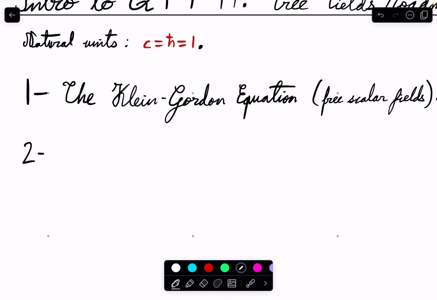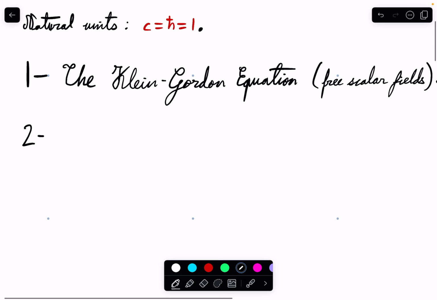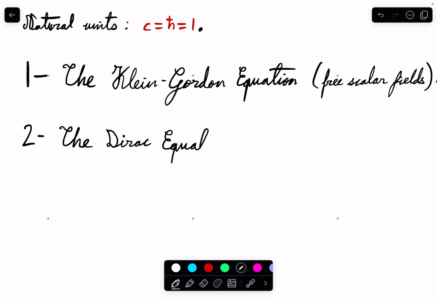Secondly, there's also the Dirac equation, and this is for free spinor fields.